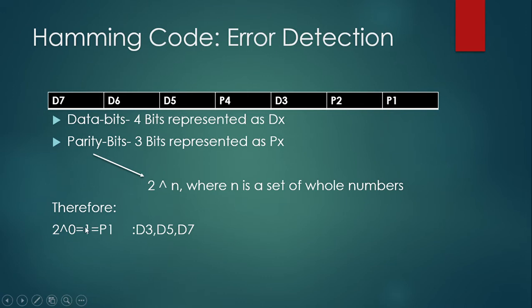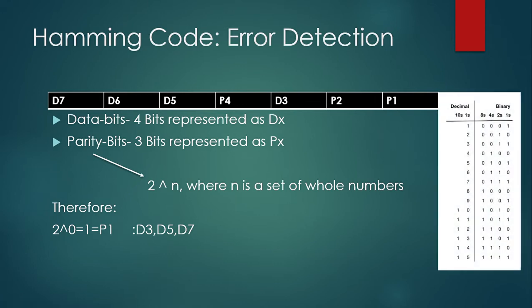And how do we find the values for P1, P2 and P4? In accordance with 2 power n, there's one more step, done according to indexes, that is finding the proper data bits for each parity bit. They find the even parity of D3, D5, D7 for the P1 bit.